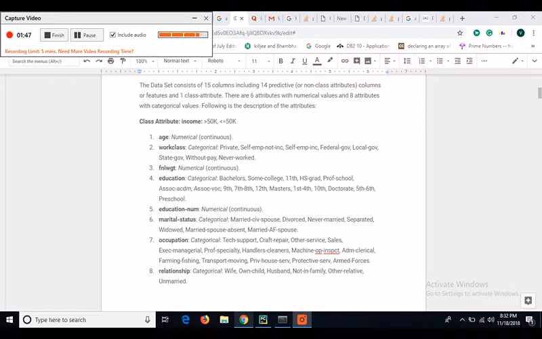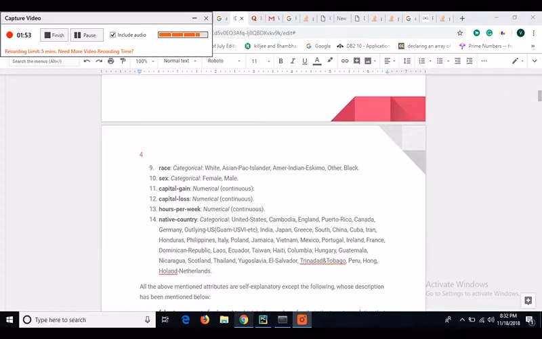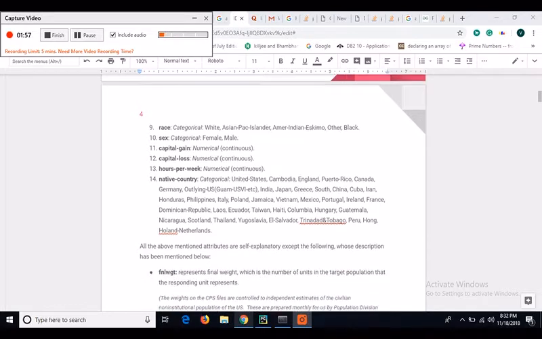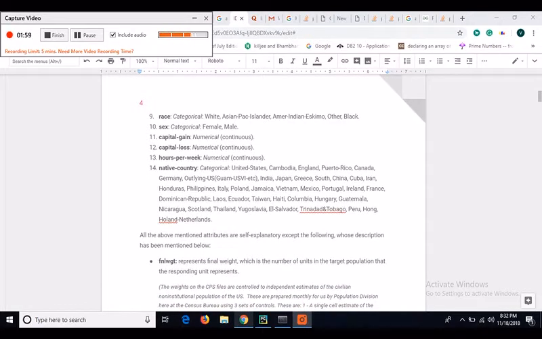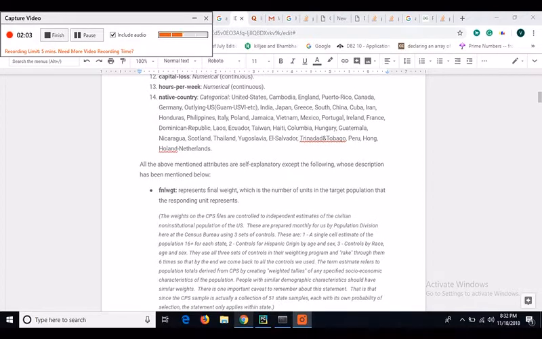Next is education num, marital status, occupation, relationship, race, sex, capital gain, capital loss, hours per week, and native country. So in all there are 14 attributes that define our dataset columns, and the predictor or class attribute is the income attribute.